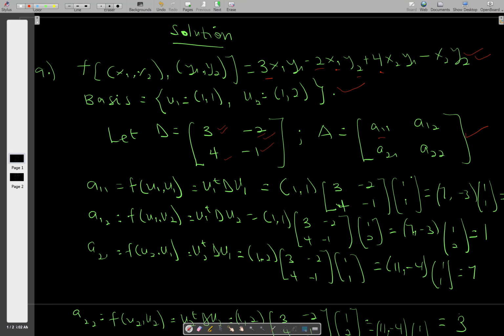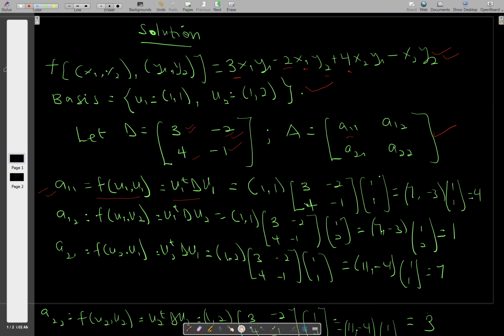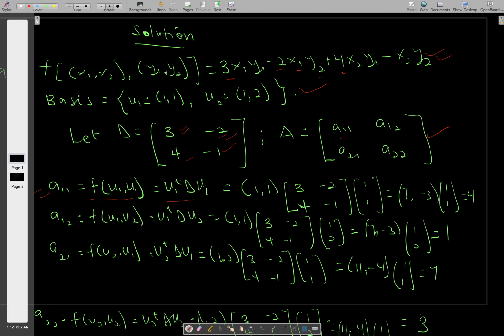Now A11 is given by, from definition, f of (u1, u1), which is the same as u1 transpose D u1. When you simplify, you get 4. A12, that's f of (u1, u2), is given by u1 transpose D u2. You solve this, you get 1. The same thing applies to A21, that's u2 transpose D u1. When you solve, you get 7.